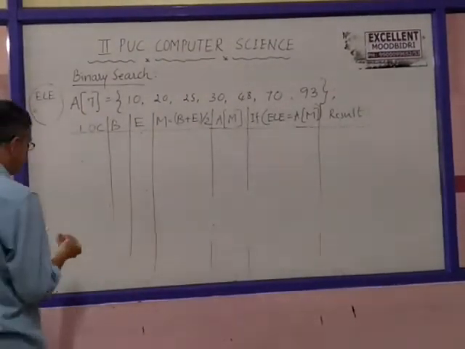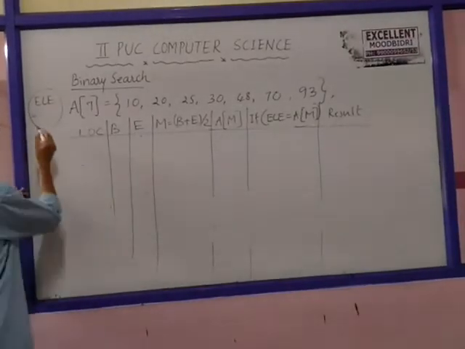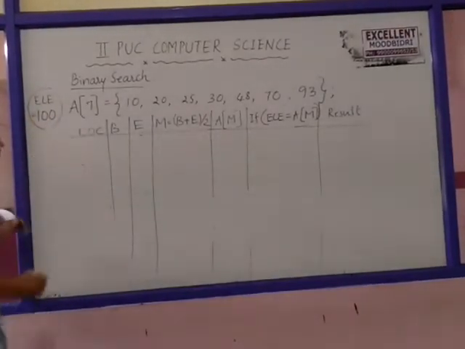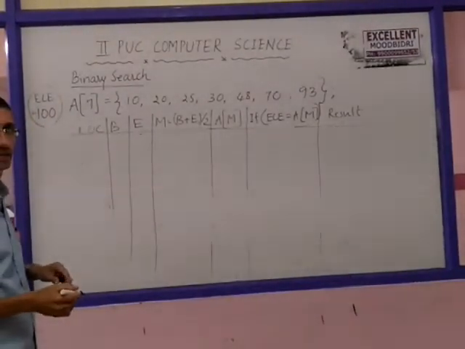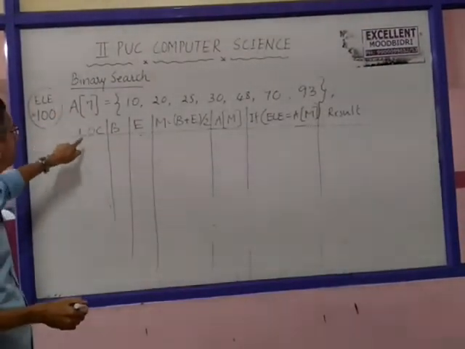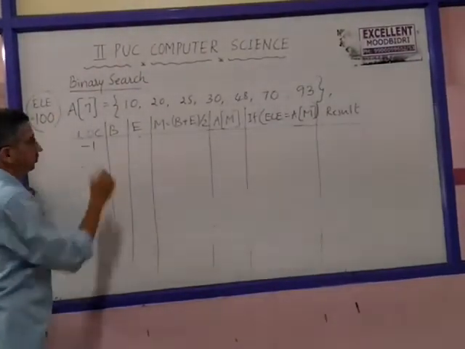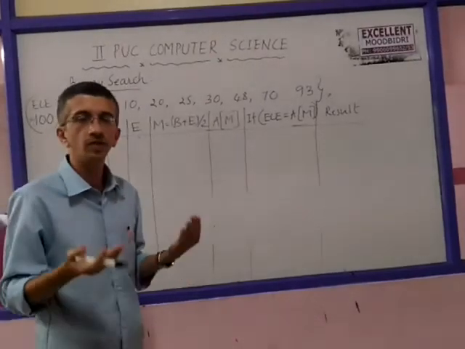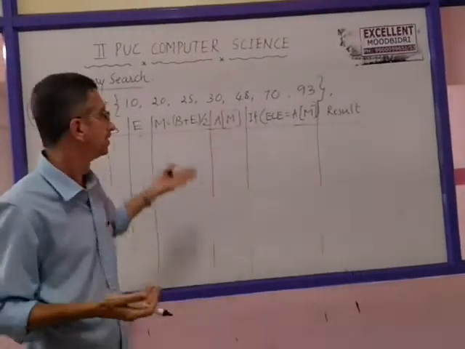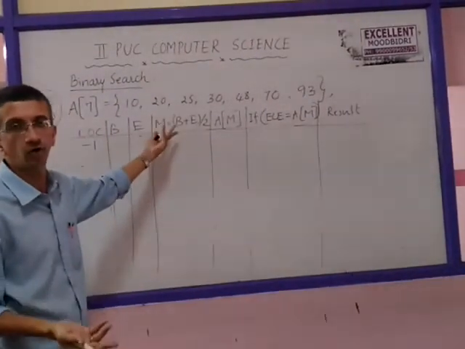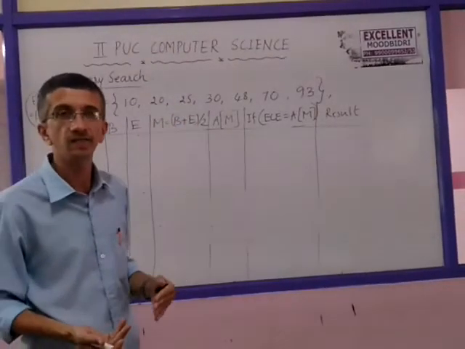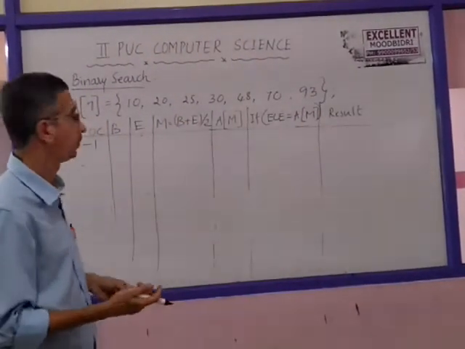Suppose we take the search element like 100. Before the tracing we know, because we are looking at the array now, 100 is not found. But how the algorithm is traced, we will find out.